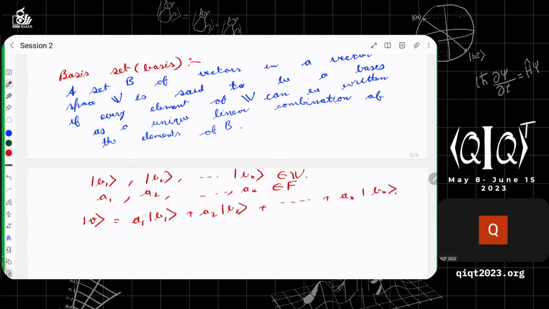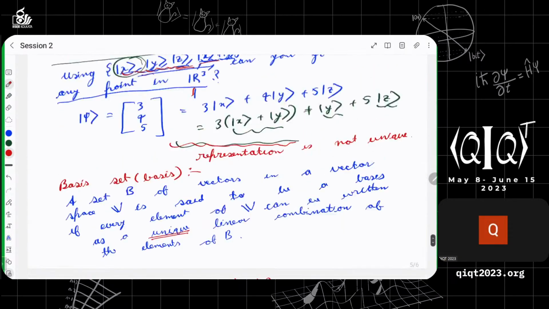So by varying a1, just the field elements, and keeping the same basis set, so b1, b2, bn are fixed, just by varying a1, a2, up to an, can you go to any vector in the vector space? If you can, then it is a basis. And another condition is that it has to be a unique linear combination.